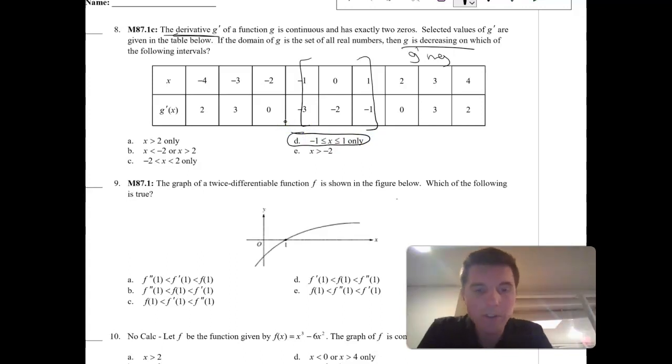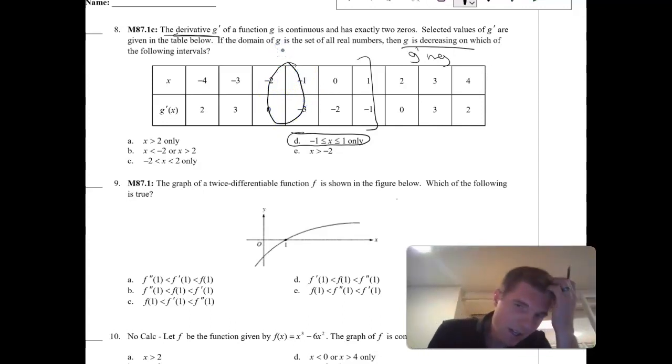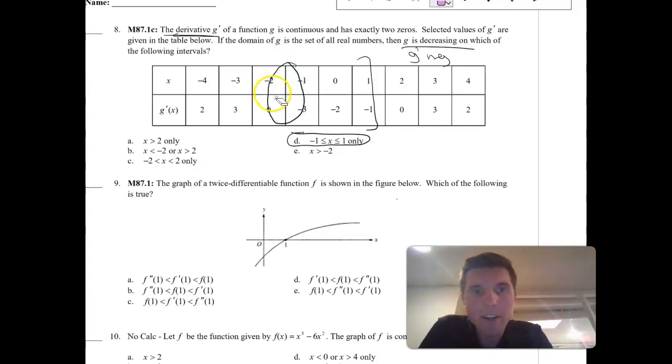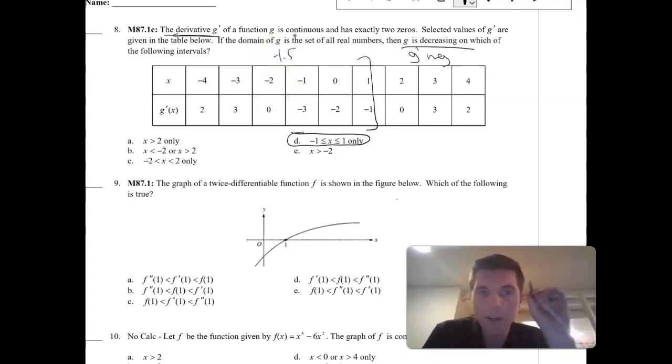But my question for those of you who did that is, what do you think's happening between -2 and -1? What if I tried to plug in -1.5? What would be the output of g prime?